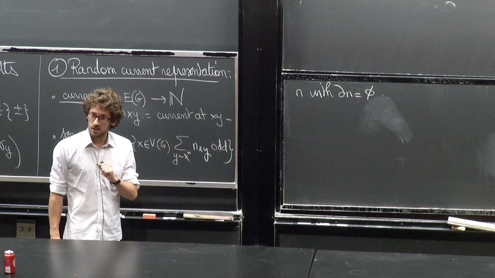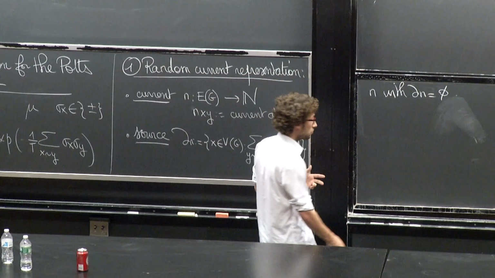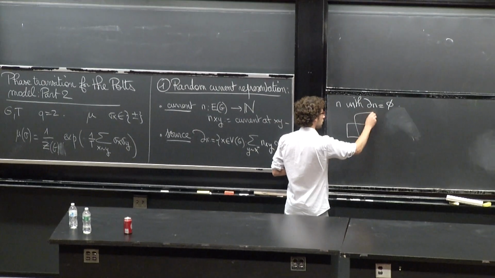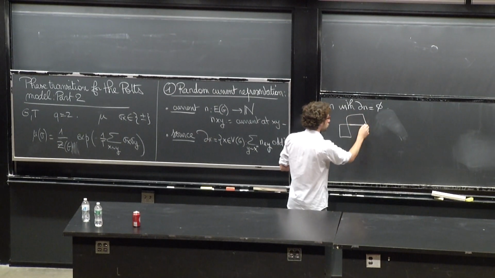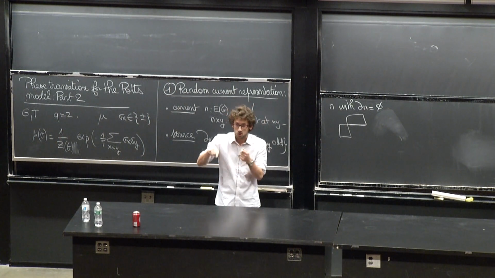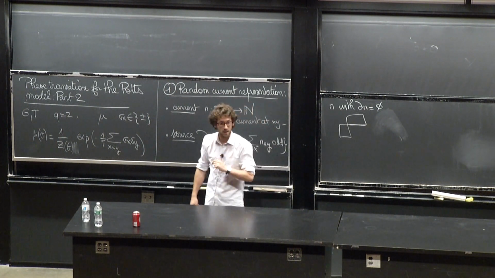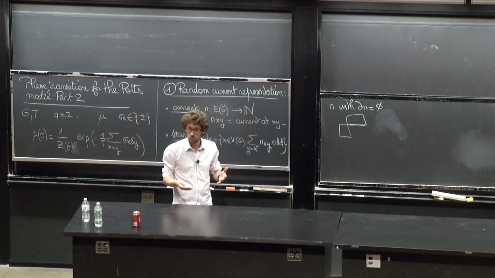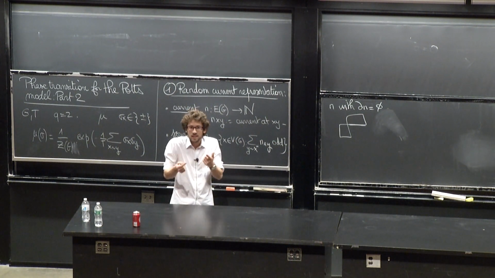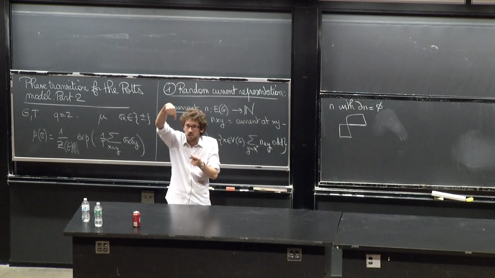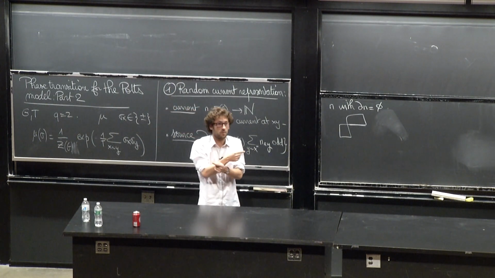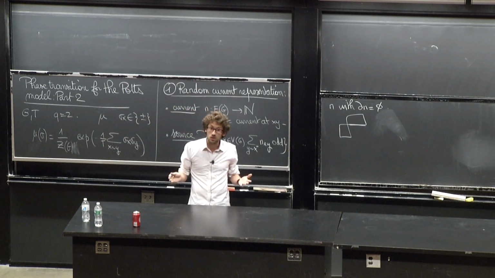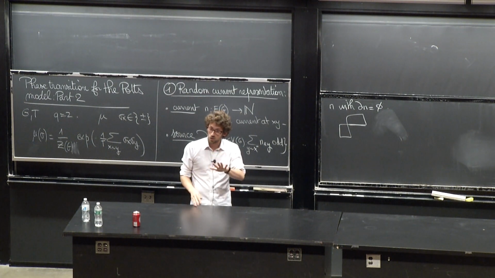Well, there is a very easy way: you take a loop, not necessarily self-avoiding, and you look at the occupation time, the number of times you go through every vertex. This gives you a current, a function. And by definition, because it's a loop, every single time you arrive somewhere, you leave from this somewhere. So there you get no sources. If you take a loop like that, you get a sourceless current.